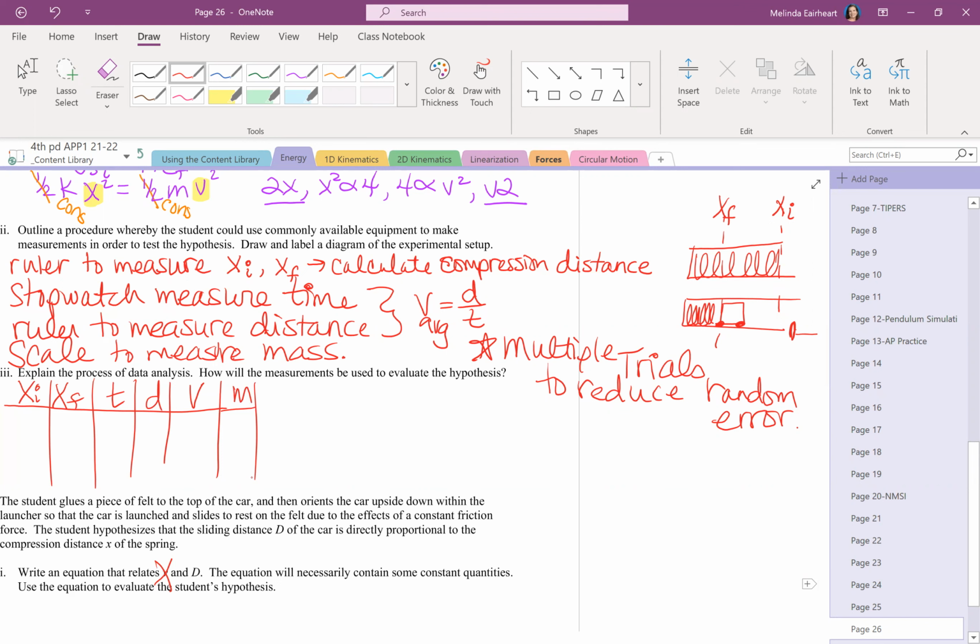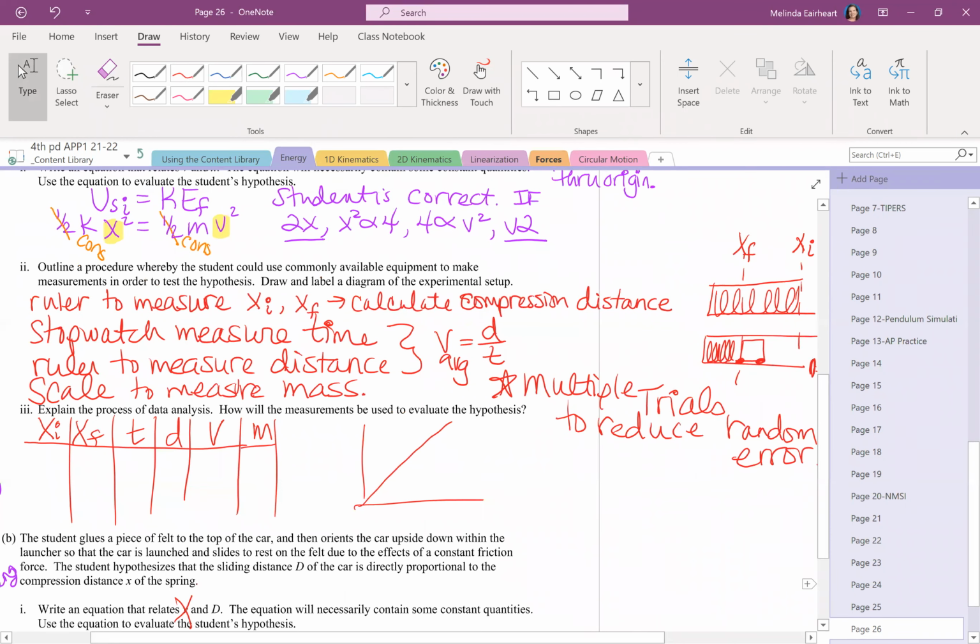We got to do something with linear, right? And so if we know directly proportional should be a linear graph that goes through the origin, well, let's see, what could you plot to help support this? So you kind of got to look back at our physics equation. We have kx squared, k is a constant, x squared is what the student is changing, equals m, which is a constant, and then v squared, which is what they're measuring.